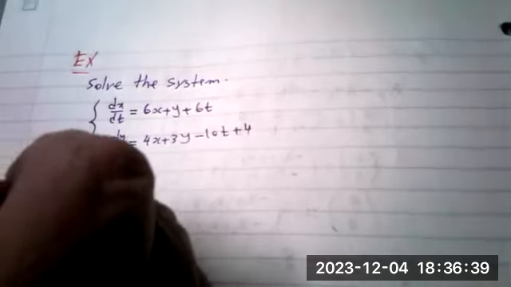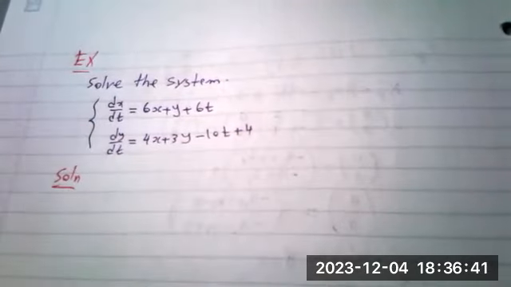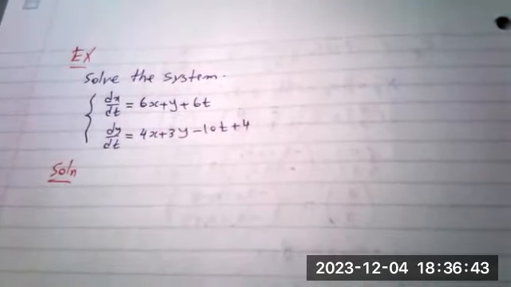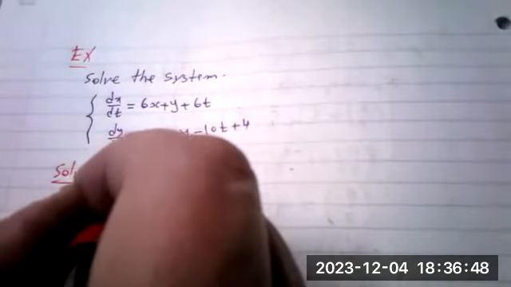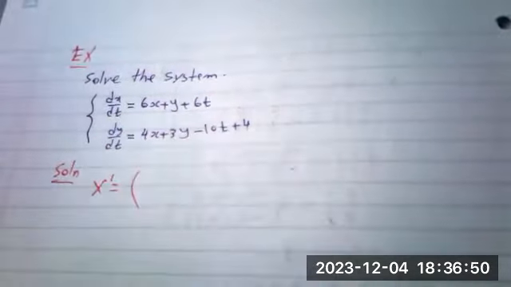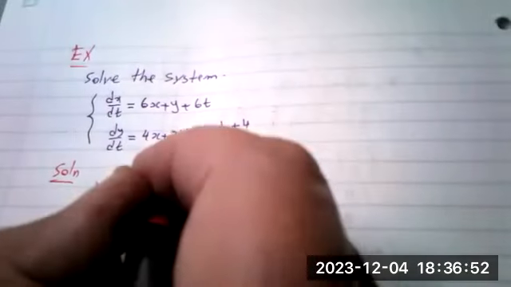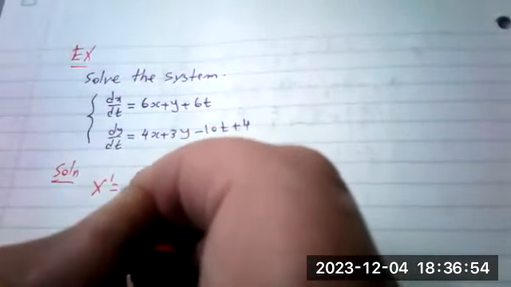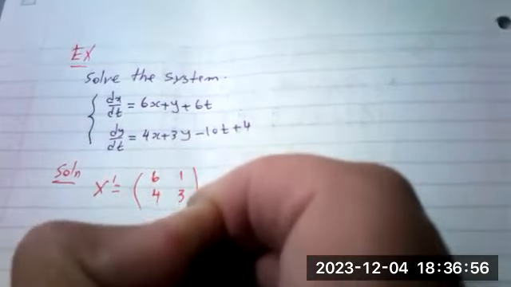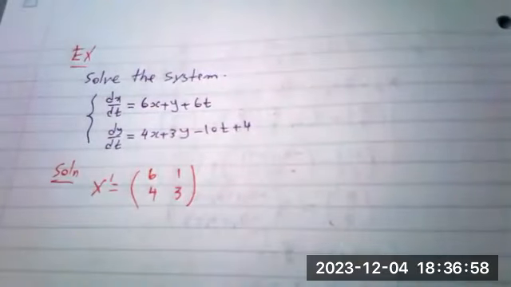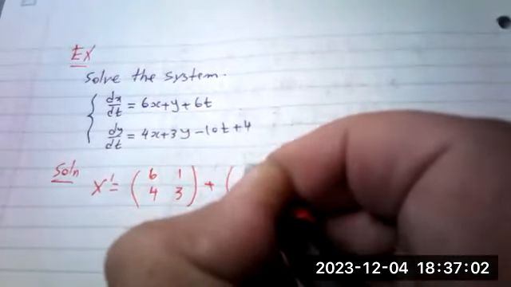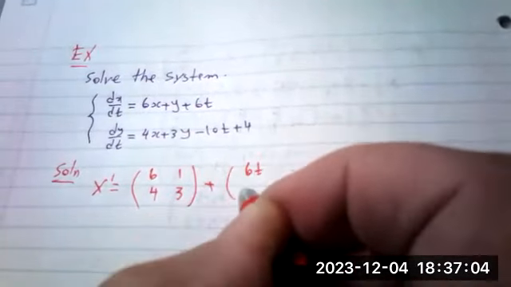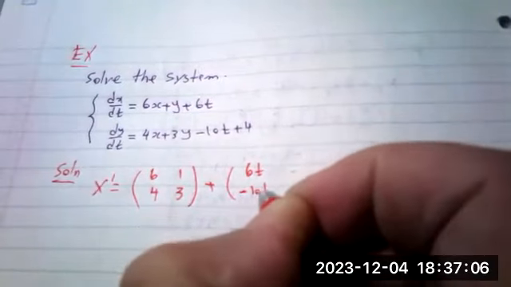So in matrix form, this is what we're going to have. We have X prime, the matrix of the coefficients, 6, 1, 4, 3, times x, and the matrix of the function, 6t and negative 10t plus 4.